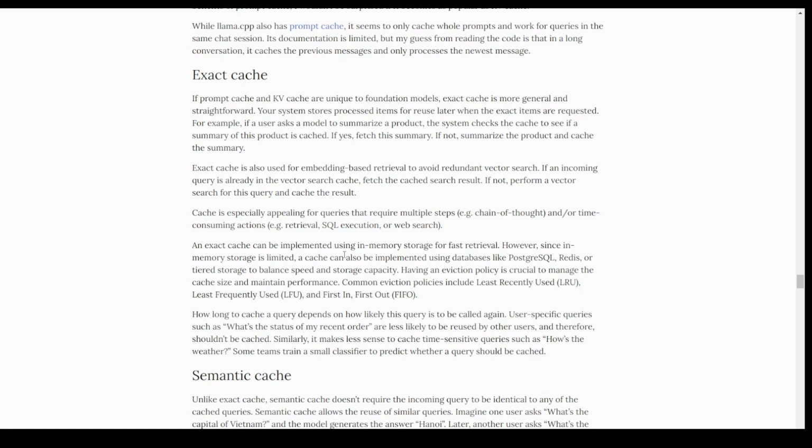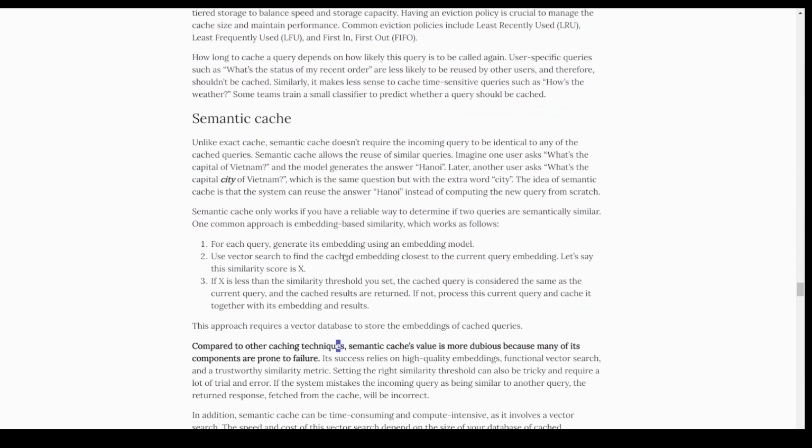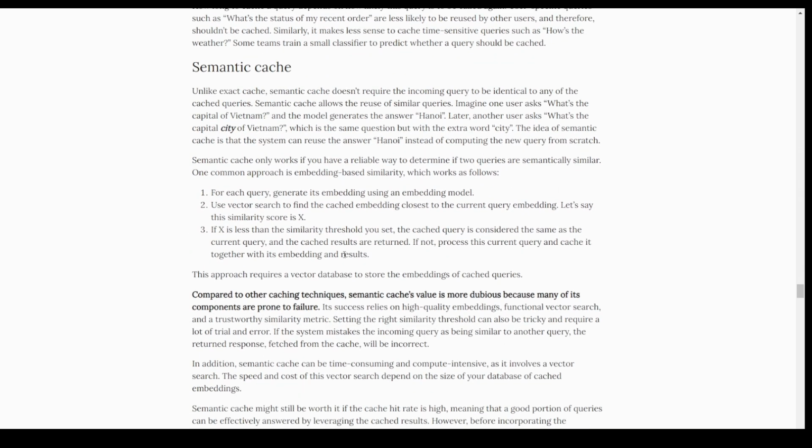How long a cached query is kept depends on how likely the user is to call the same sets of things again. Now coming to the final, main set of cache that might be a lot different, the semantic cache. From the meaning of the word semantic, it tries to map out queries in the cache which are almost similar.